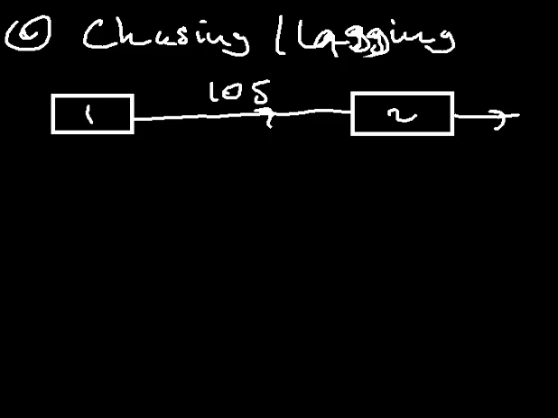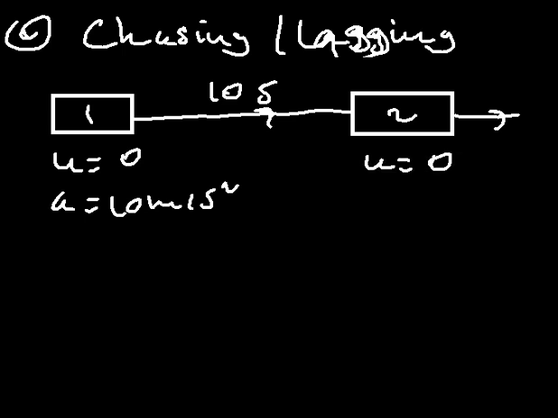Now the lagging parameter is given as time, 10 seconds. Let's say object 1 is from rest, initial velocity 0, acceleration 10 meters per second squared. And let's say object 2 is moving from rest as well, but now acceleration is given as 4 meters per second squared. Where will object 1 catch up with object 2, and also when is that?